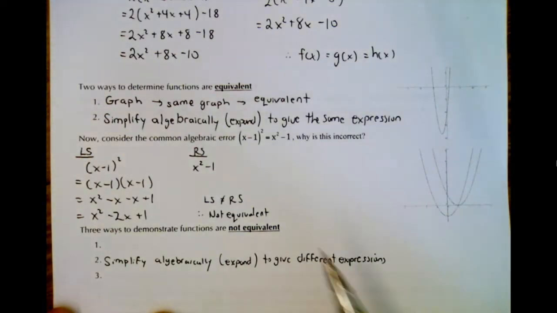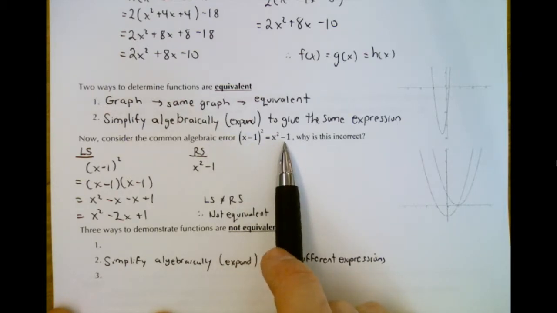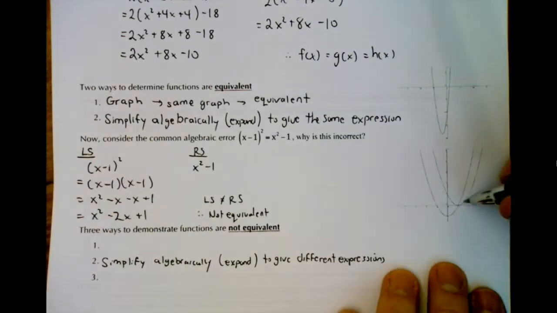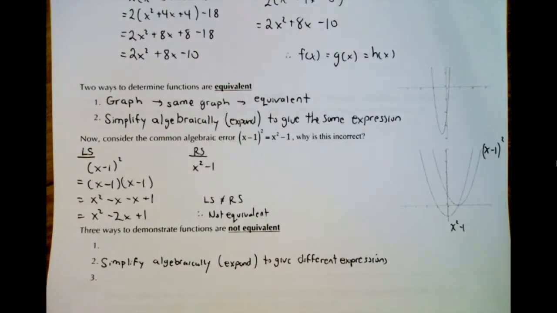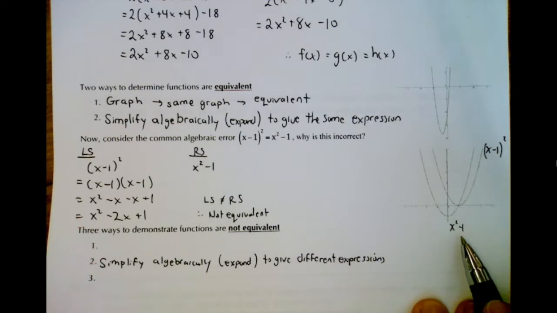In fact, if you graphed the left side and the right side in Desmos, if they were equal, you'd end up with the same graph, and we actually end up with these two graphs. The one on the left here is (x − 1)², and the one down here is x² − 1. And if you think about transformations, you could have come up with that pretty quickly too, because this would be a shift to the right 1, and this would be a shift down 1.